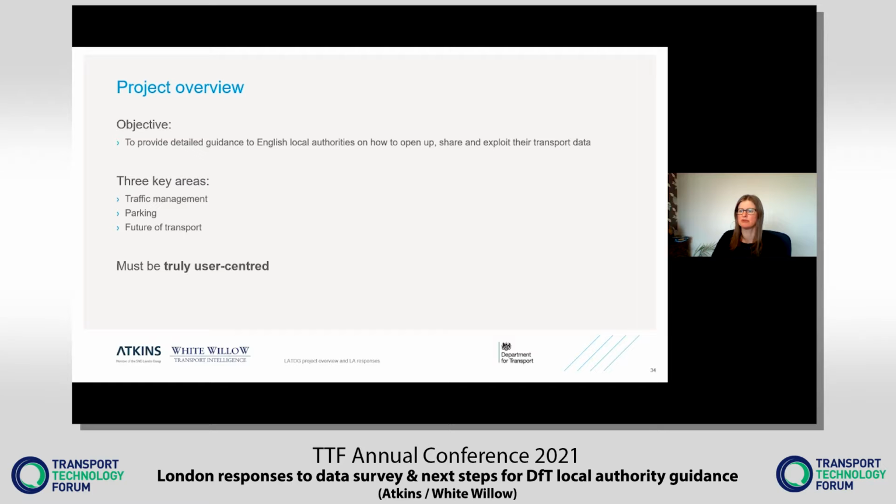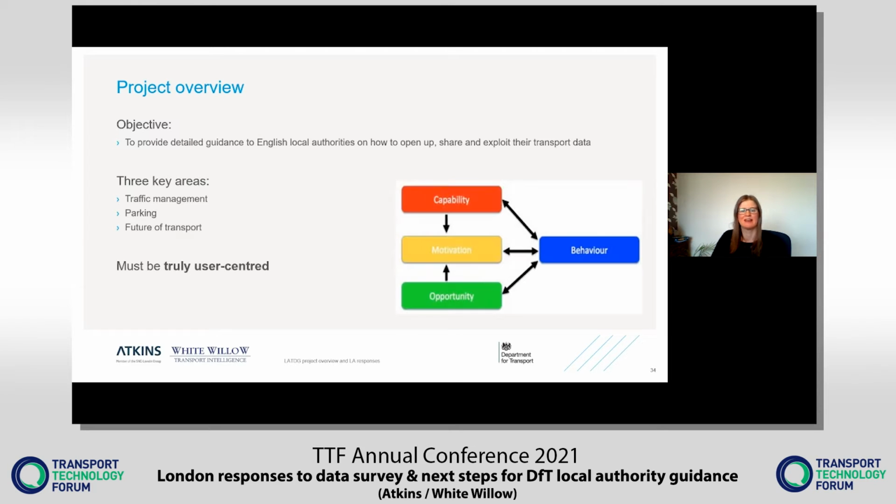So if you just move on one, please. We have Claire Williams, who's a human factors expert on the team, and this is the COM-B model, which just shows how people's behaviour is affected. In order for someone to change their behaviour, they need the capability, the opportunity and the motivation.